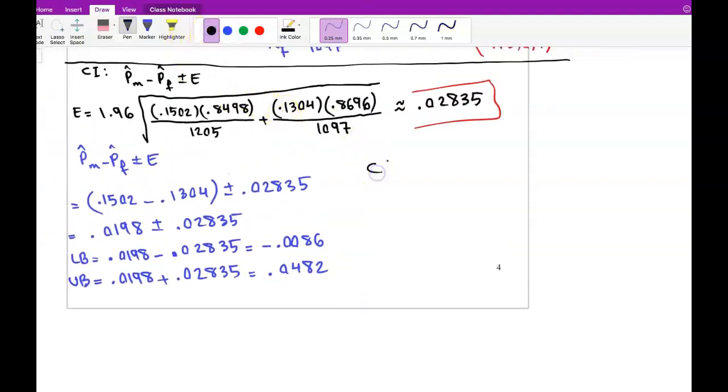Okay, so the confidence interval is, I want to round this to 3 decimal places, so we have negative 0.009 comma 0.048. Okay, so this is our final answer.